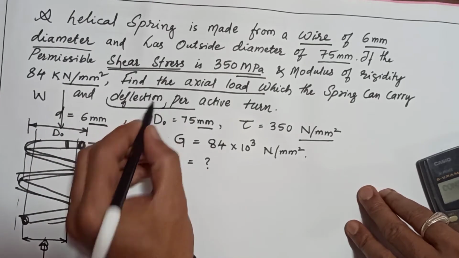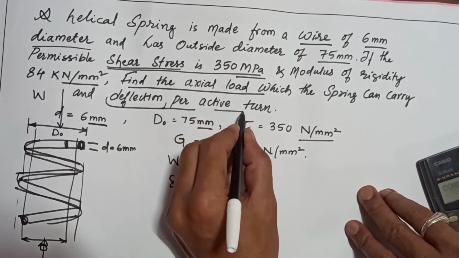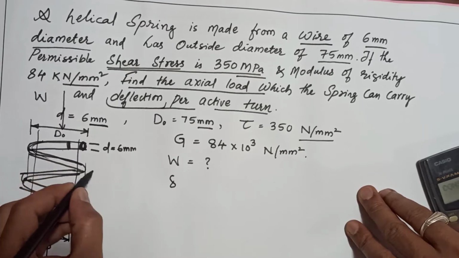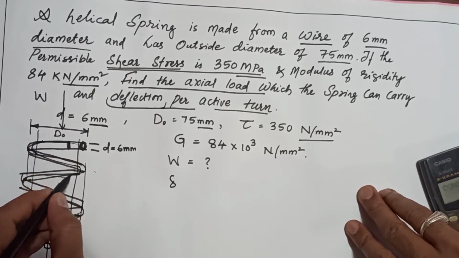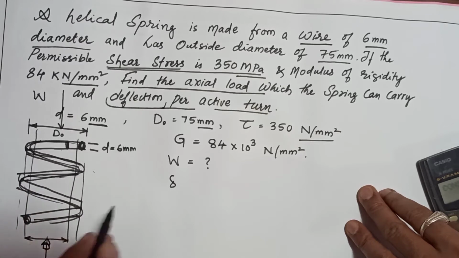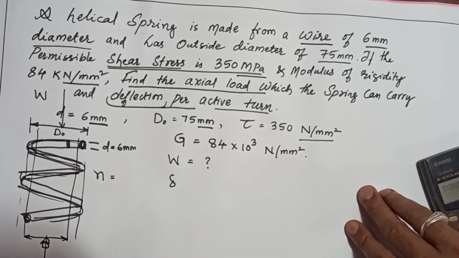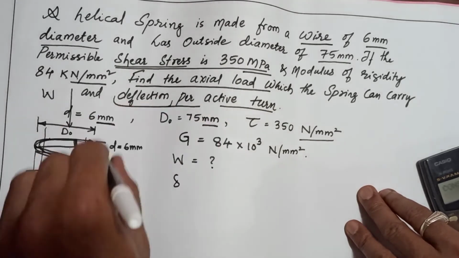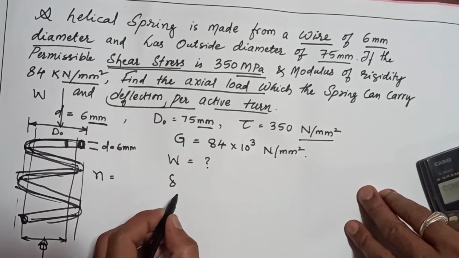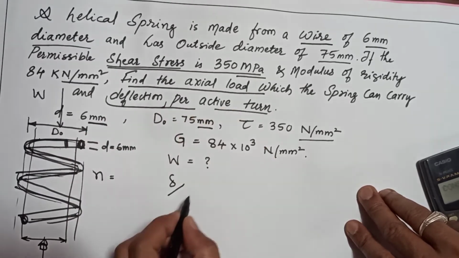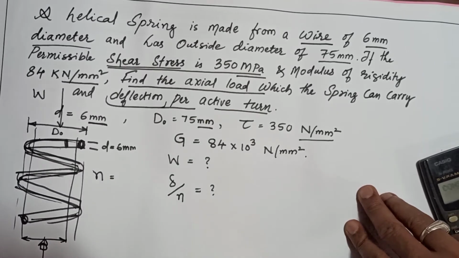Deflection will be denoted by delta, and the active turns means the number of turns it is having. This will be called 1 turn, 2nd turn, 3rd turn, like that. The number of turns will be denoted by small n. So deflection per active turn means delta by n you need to find out.